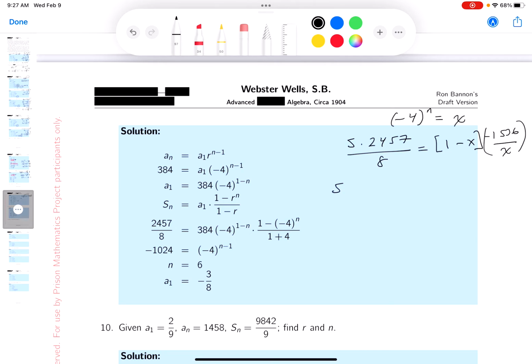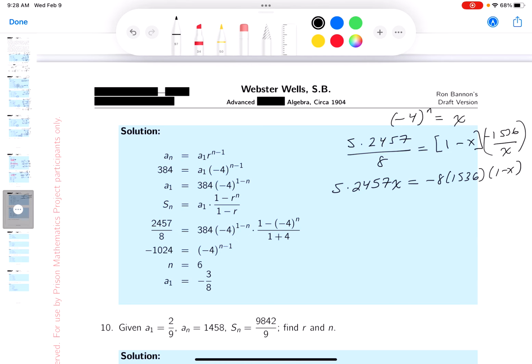So you get 5 times 2457x. And then you're going to get minus, I'm multiplying by x and 8, so 8 times 1536 times 1 minus x.